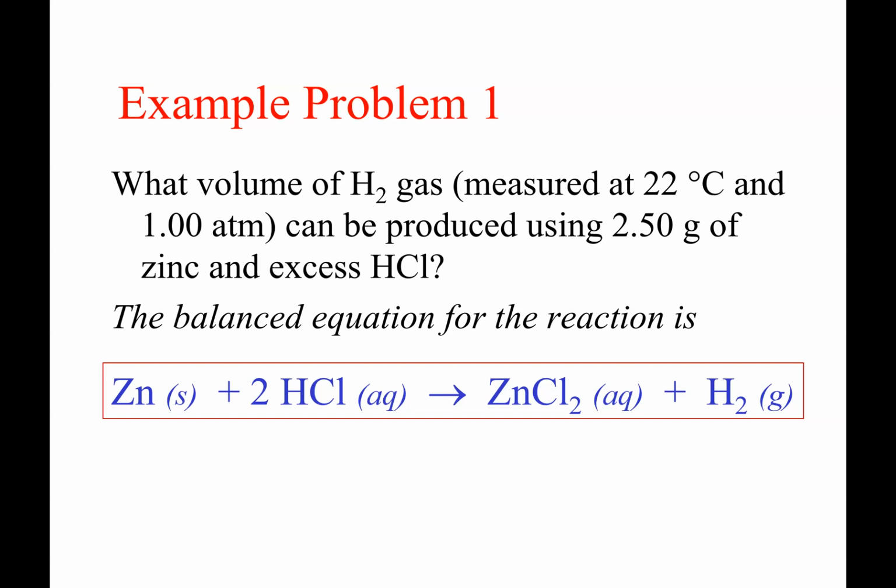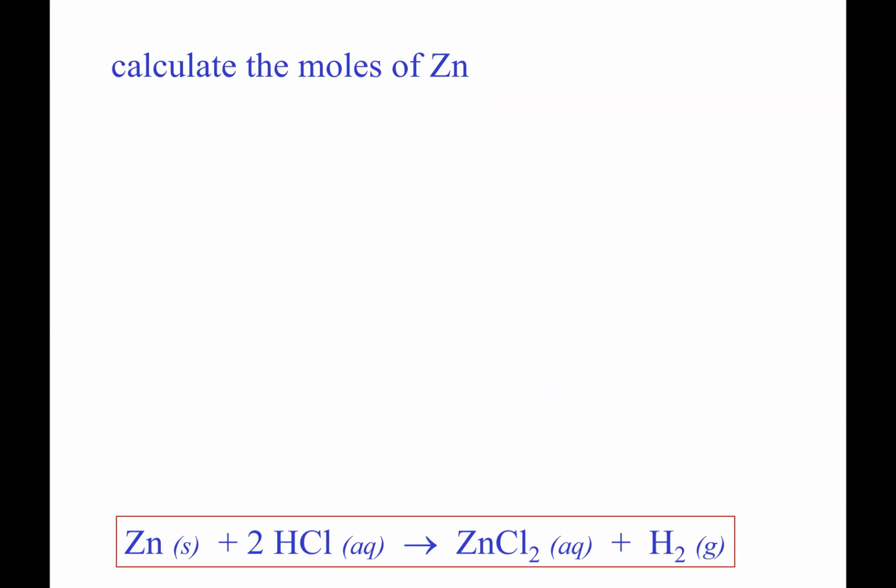Do you see where we can take this mass and go to moles of zinc, then use the stoichiometry between the zinc and the hydrogen gas, which is a 1-to-1, to go to moles of H2? And once we have the moles of H2, we can use PV = nRT and solve for V. That's exactly what we're going to do.